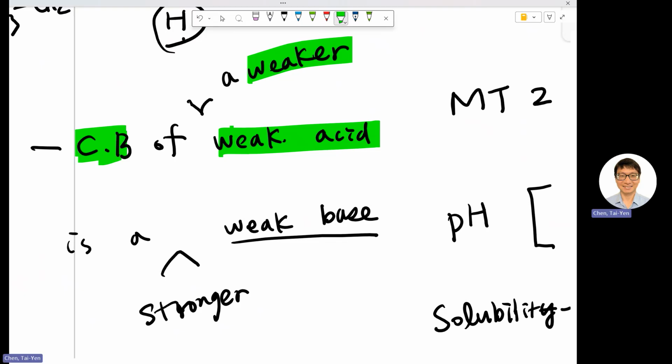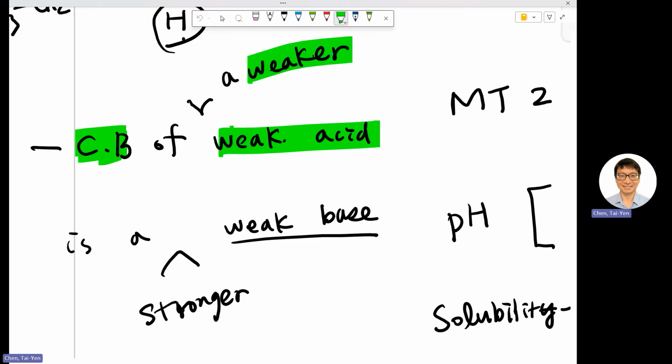When ions have strong acid and strong base, under what conditions? Your strong acids are only the big seven, always, no exception.